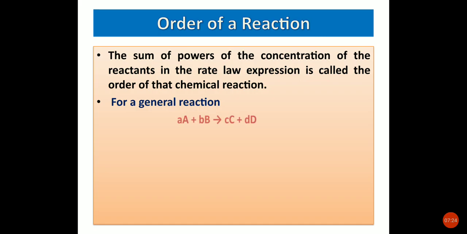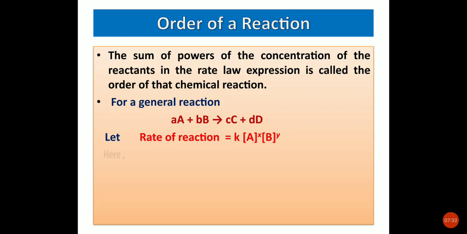For a general reaction, aA plus bB gives cC plus dD, rate of reaction is equal to K into concentration of A raised to X, B raised to Y. That we have already discussed.